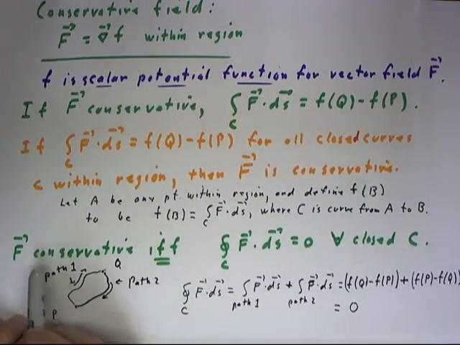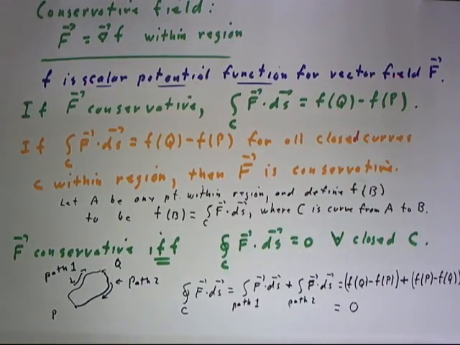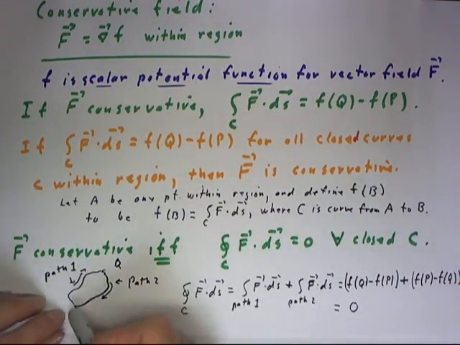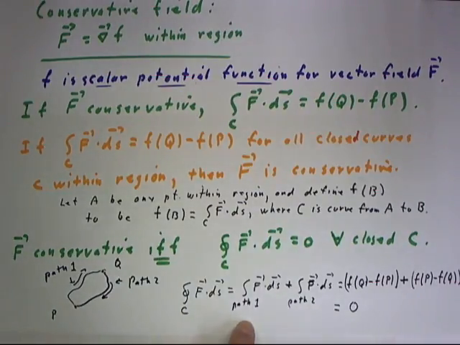This argument shows that if F is conservative, then this condition has to hold, because we can take any closed curve and put a point P at one point on the curve and a point Q at another point on the curve, and construct this pair of integrals that have to add up to 0.